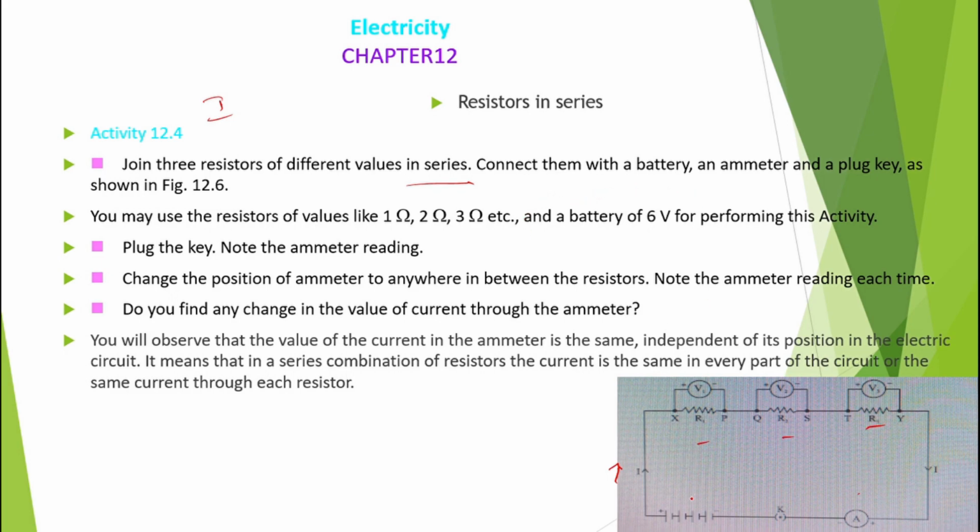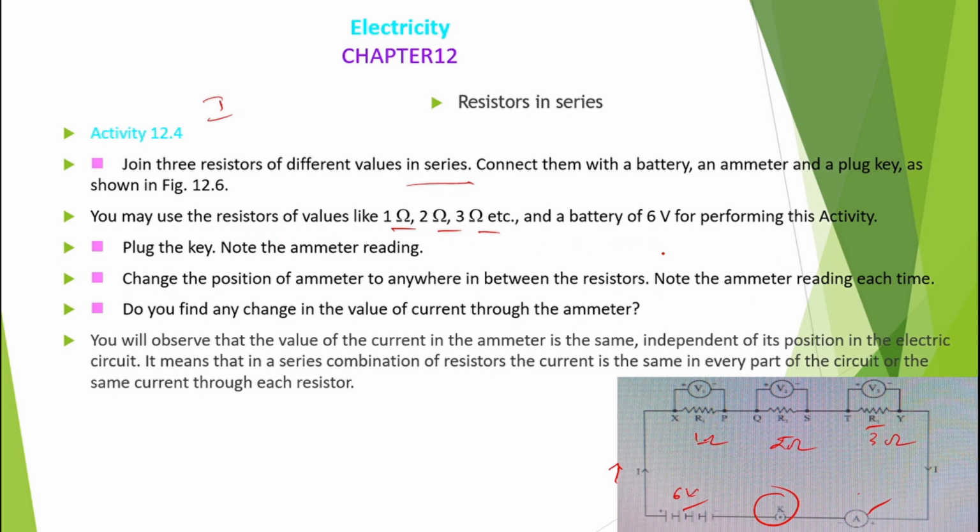Connect them with a battery, an ammeter, and a plug key as shown in the figure. You may use resistor values 1 ohm, 2 ohm and 3 ohm, and a battery of 6 volt.